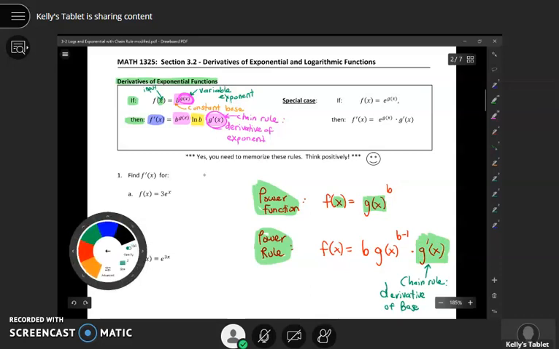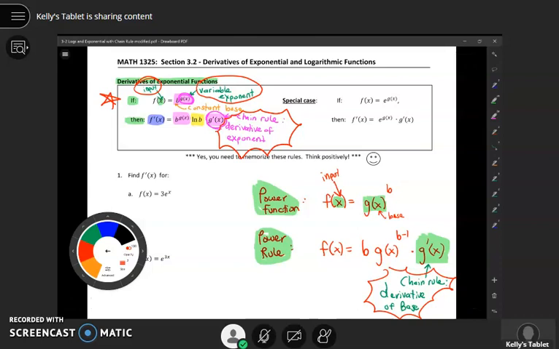So my input was being sent to the base. So the chain rule tacked on the derivative of the base. In my exponential function, the input is being sent to the exponent. So my chain rule is going to tack on the derivative of the exponent.